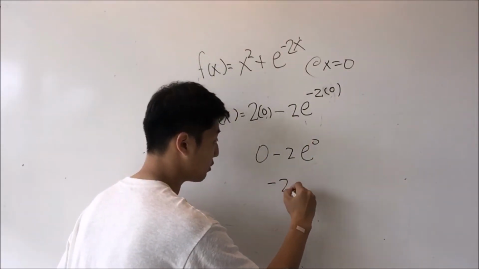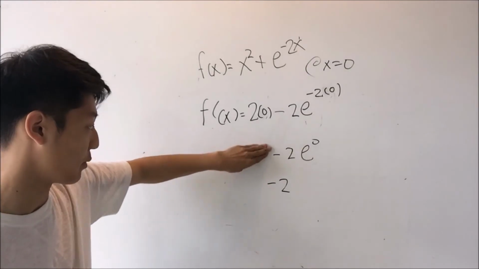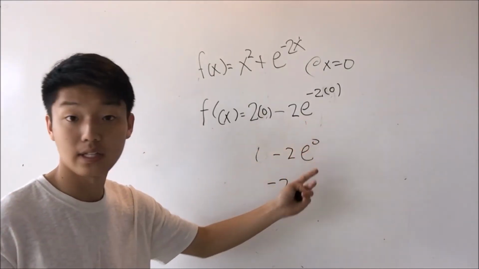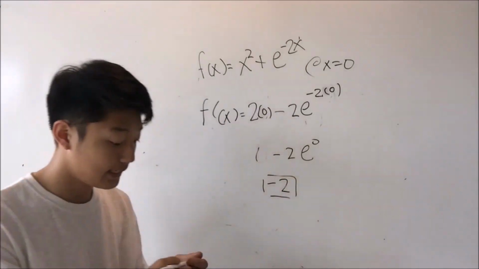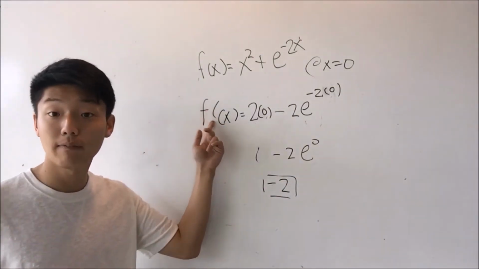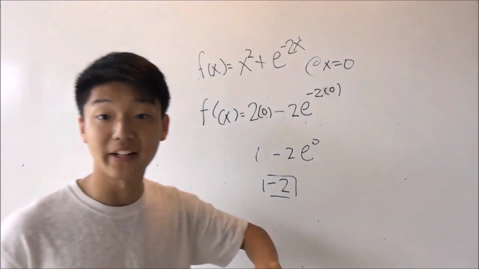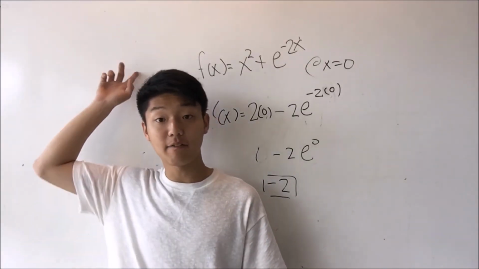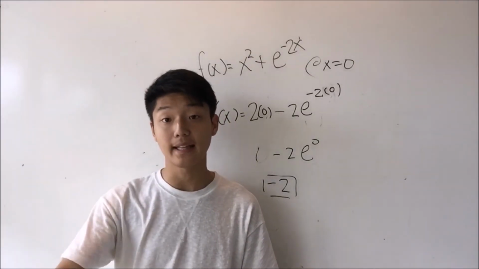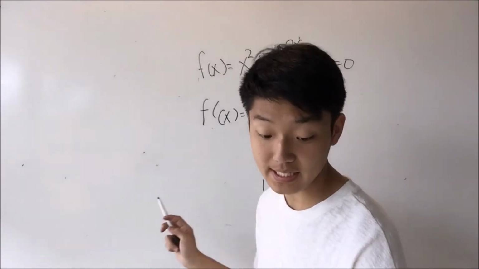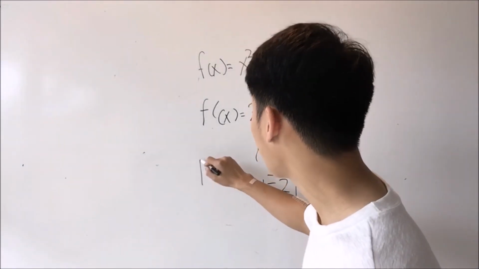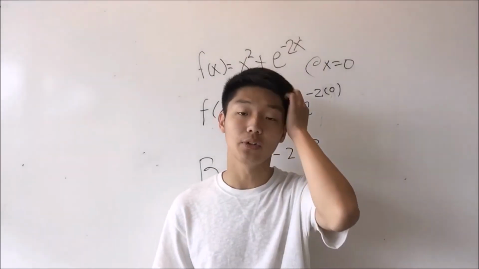So 1 times negative 2 is negative 2. Like I said before, if the f prime function is negative, that means the original function f is decreasing at x equals 0. So the answer for number 21 is B, which says f is decreasing. That is the only true answer.